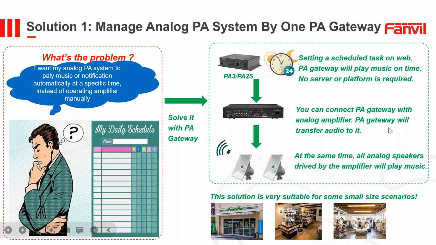The gateway will transfer audio to the amplifier, and at the same time, all analog speakers driven by the amplifier will play music. You'll find this solution very suitable for some small-size scenarios, like a small retail store, or small shop, or others.